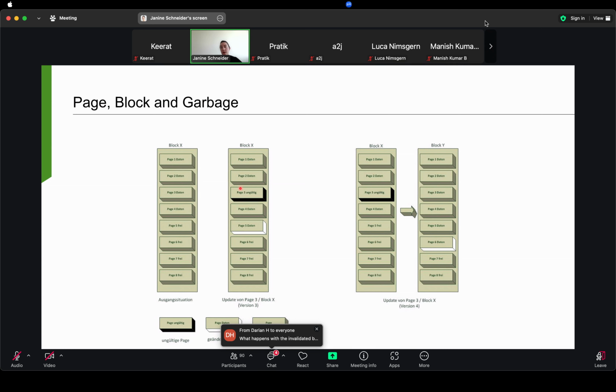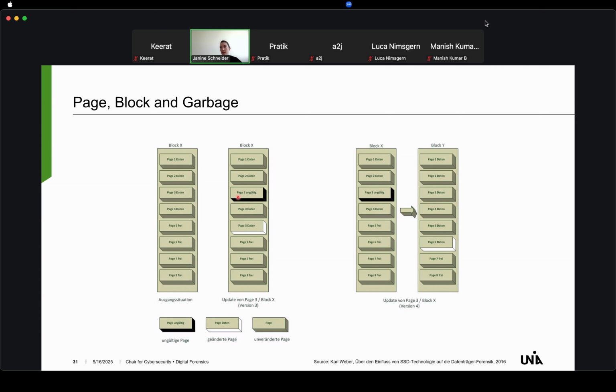this page we want to update as invalid. Um, take a free page in the same block, write the updated data in this page, and change the LBA address from here to there.